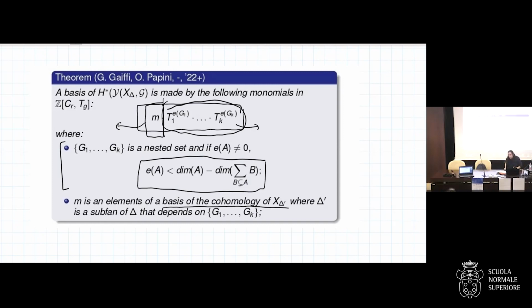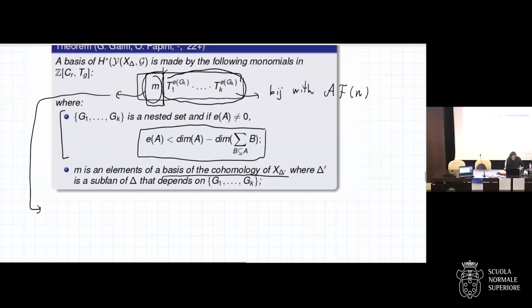Now, we already know that these elements here are in bijection with admissible forests. For these other elements over here, for now we don't know much, but I'm telling you that this X_Delta toric variety, when associated to a fan of type A_n, is such that its Poincare polynomial is exactly the Eulerian polynomial of dimension n.